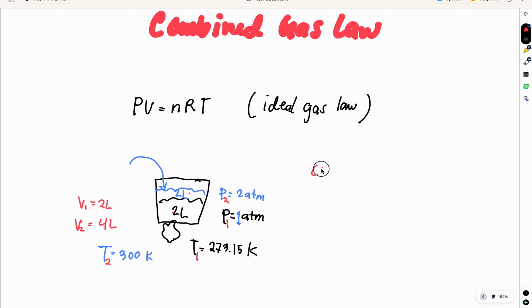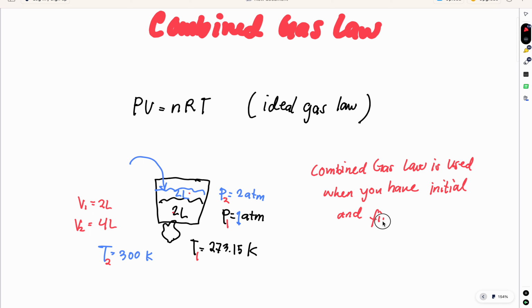So the combined gas law is used when you have initial and final states.